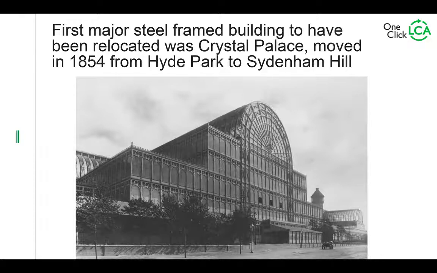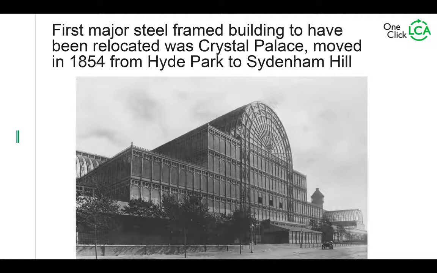It used to be in Hyde Park for 3 or 4 years as a pavilion for an exhibition. But people thought it was such a lovely building, they didn't want to take it down, so they bought it for a princely amount of half a million quid and moved the whole building to Sydenham Hill and reconstructed it there. So this can be done with steel.